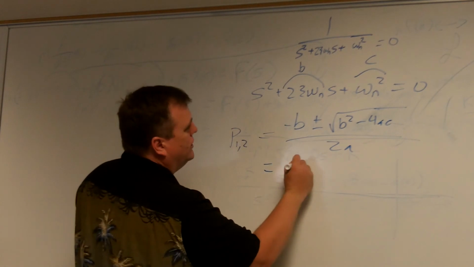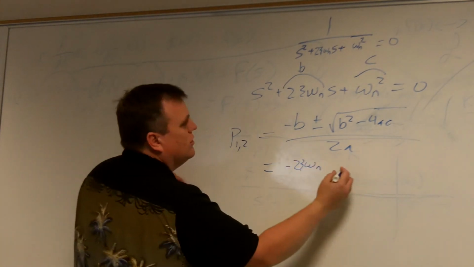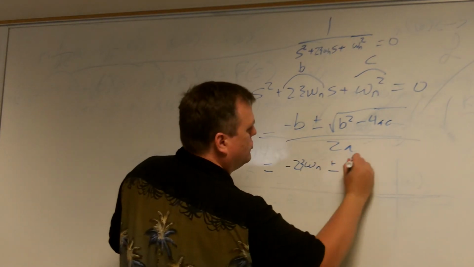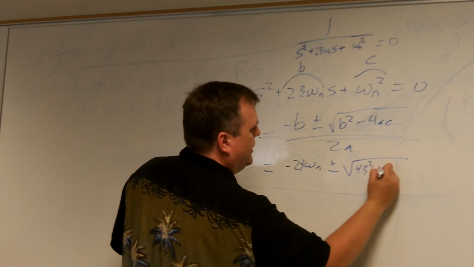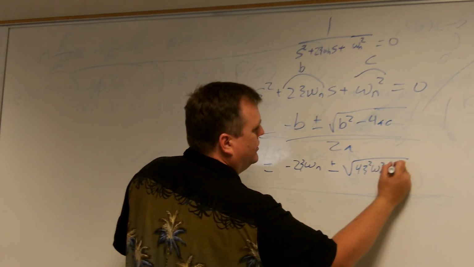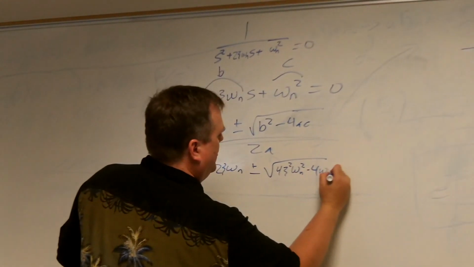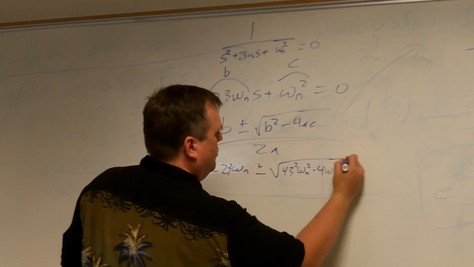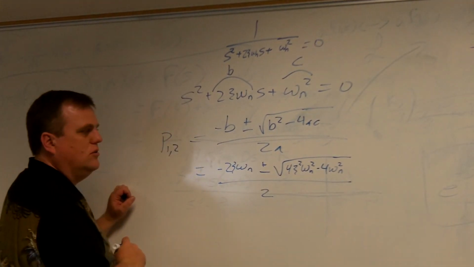Now we just substitute in. So I get minus 2 zeta omega n, plus or minus the square root of 4 zeta squared omega n squared minus 4 a times c, which is omega n quantity squared, all over 2a.